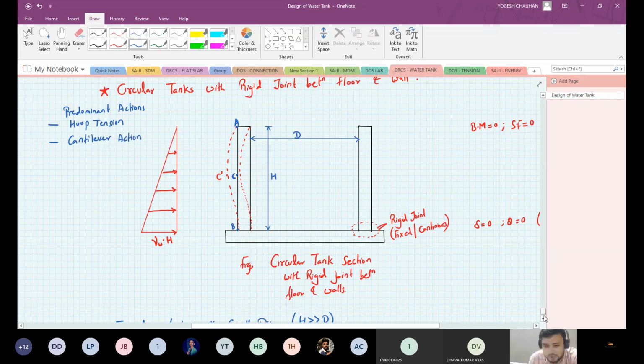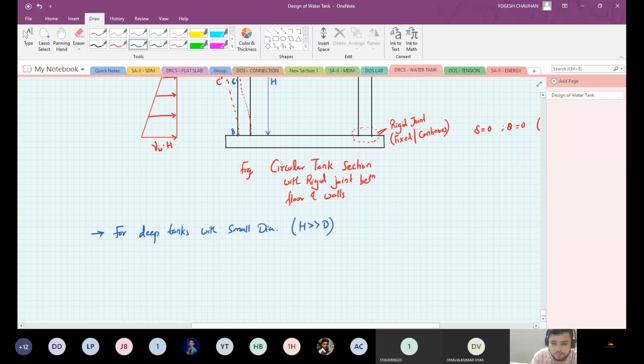So now, if your tank is deep and the diameter is small, in that case, the hoop tension is predominant, and the cantilever action is very small.